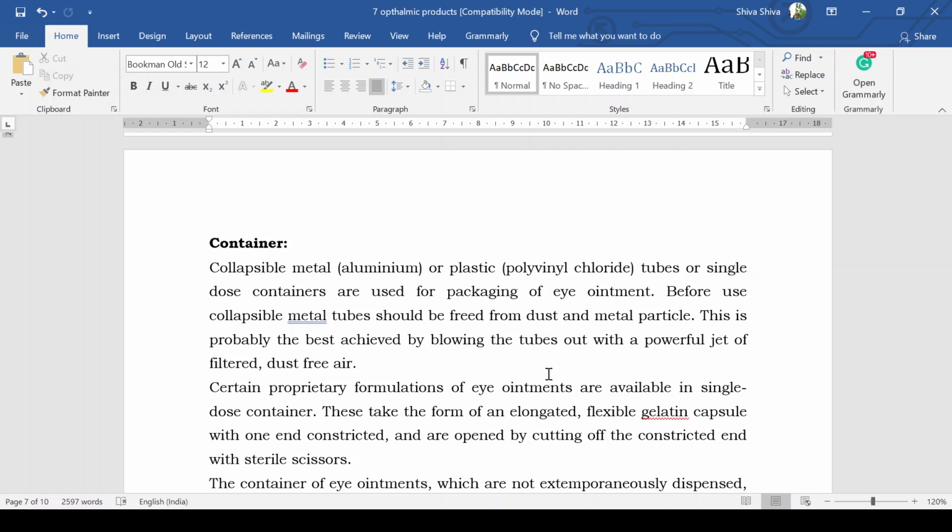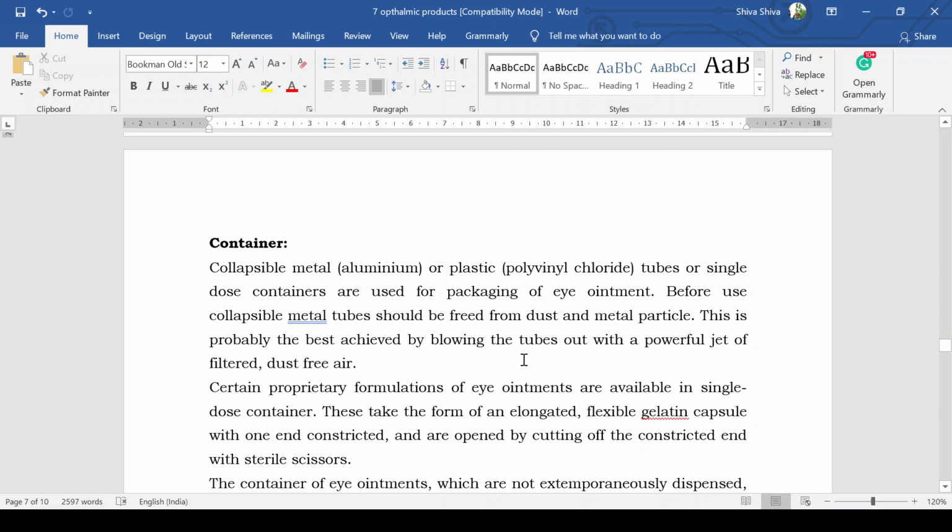Before use, collapsible metal tubes should be freed from dust and metal particles. So care must be taken that collapsible metal tubes should not shed any kind of metal particle inside the product, and hence before the actual filling is carried out, the tubes are made free from any kind of metal particulate contamination.